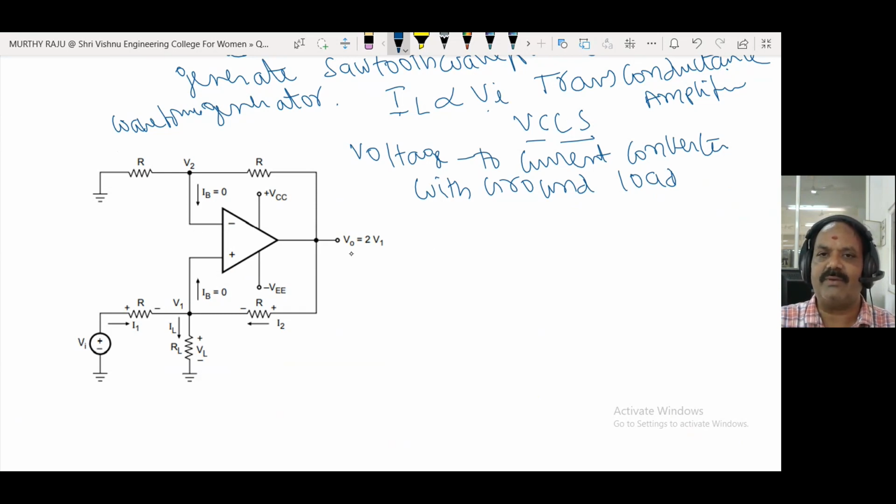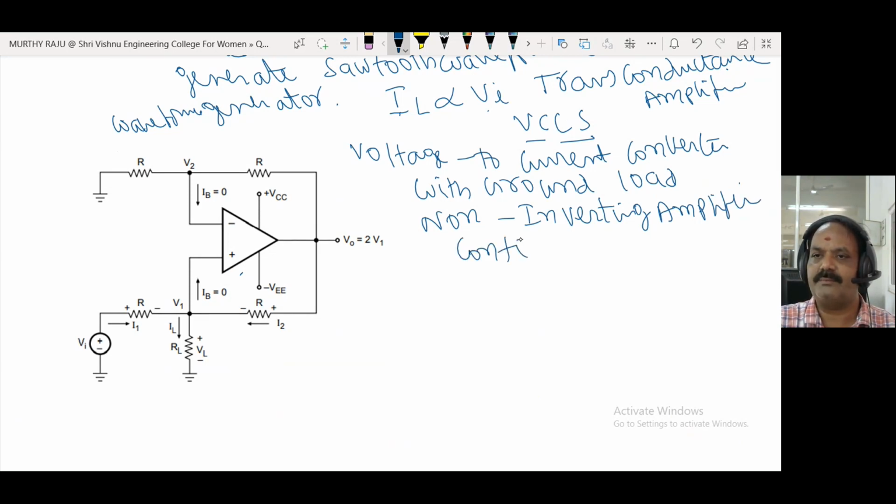This is a non-inverting amplifier configuration. Why? Because the signal source VI is connected to the non-inverting terminal of the op amp.